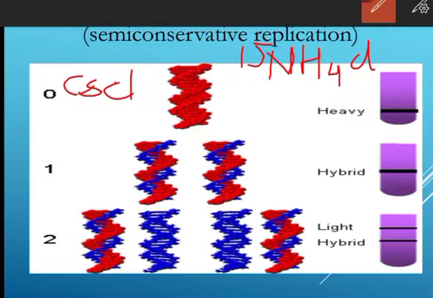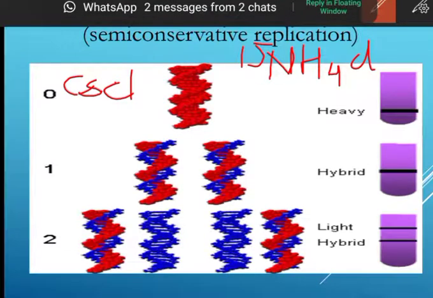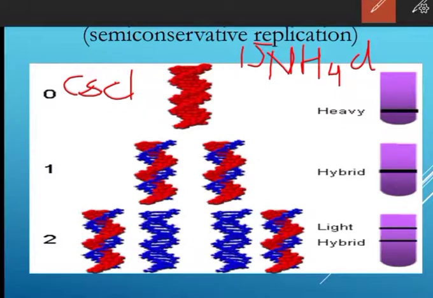The cells were then transferred into a medium containing normal NH4Cl. The samples were separated independently on cesium chloride gradient to measure the densities of DNA. At definite time intervals, as the cells multiplied, samples were taken and the DNA which remained as double-stranded helix was extracted.